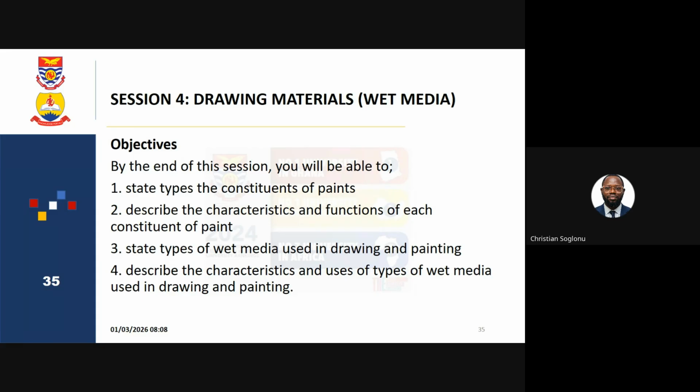Describe the characteristics and functions of each constituent of paint. State the types of dry media used in drawing and painting. Describe the characteristics and uses of types of wet media used in drawing and painting.